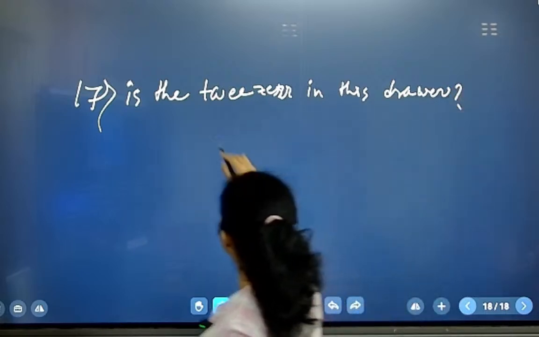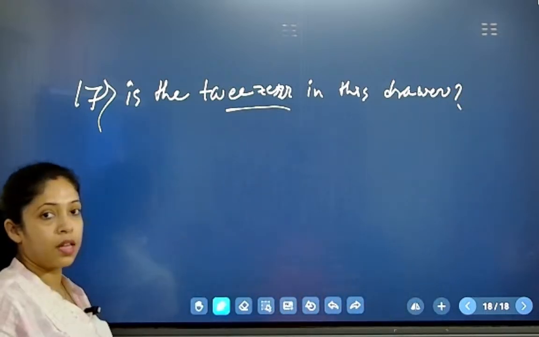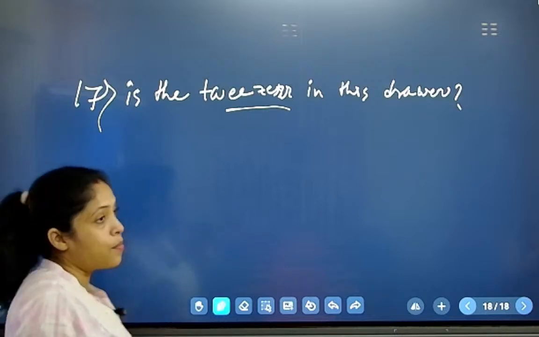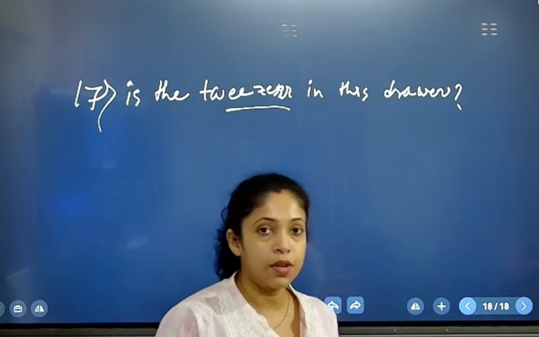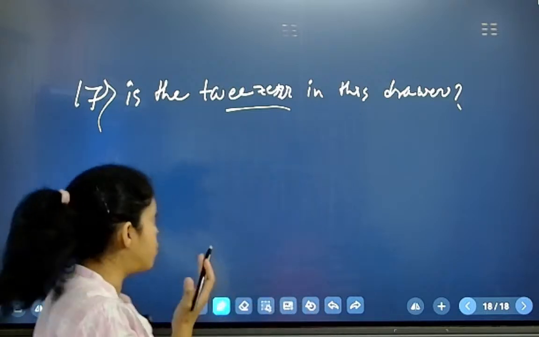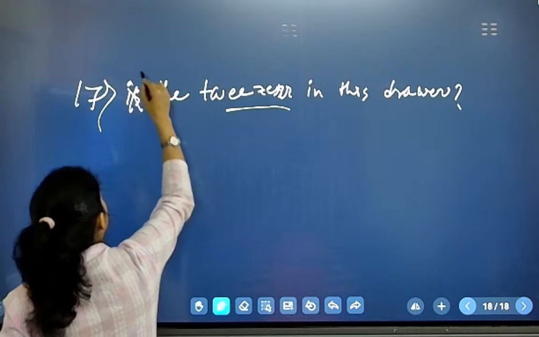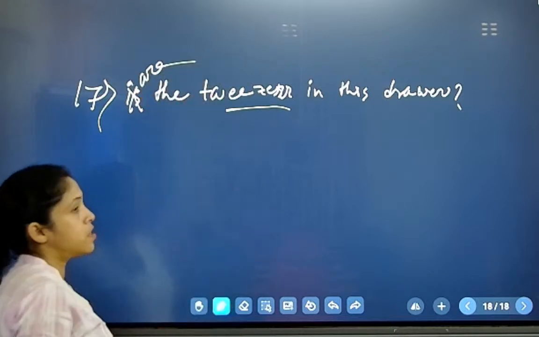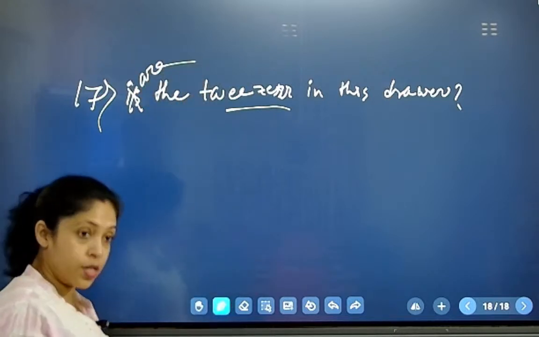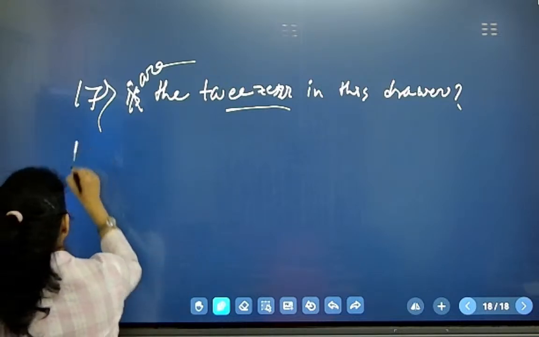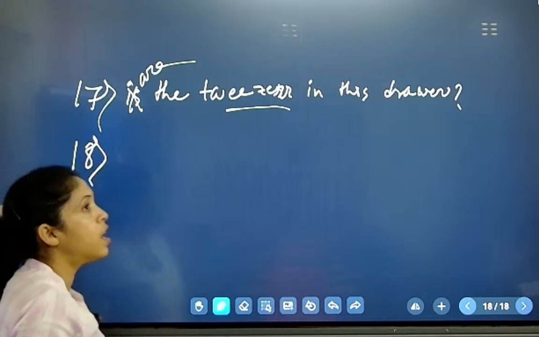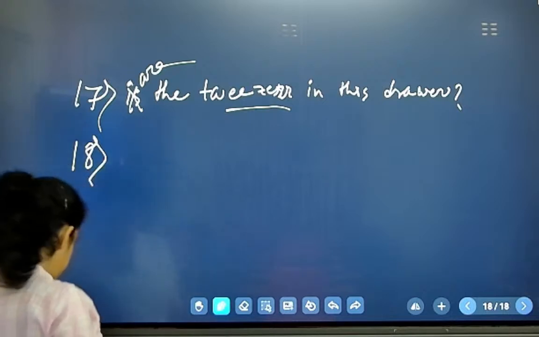We all know that the tweezers is a tool. Okay, it's a tool. In the same way, scissors, trousers, glasses. Tweezers also will take "are": the tweezers are. But if I say "the pair of tweezers," then we shall use a singular verb, is or was, according to the tense.